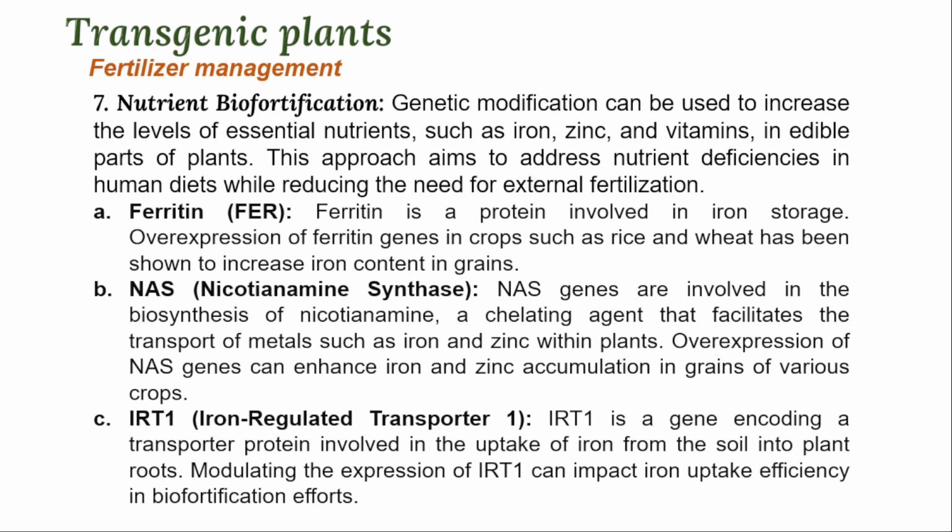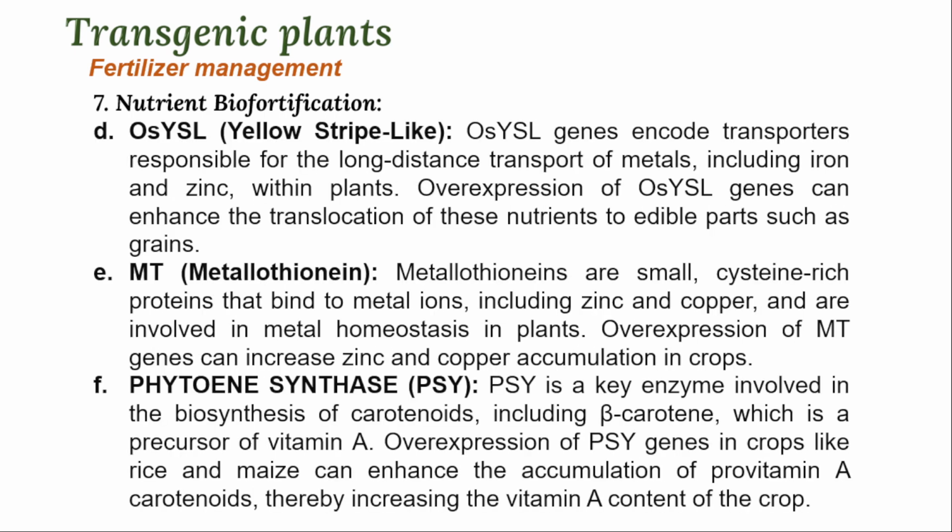Because of more accumulation, there is no need for the plant to take up soil micro minerals and other things. Plants themselves produce this accumulation of minerals because of overexpression of these genes. So in a biofortification program, that means enrichment of the nutrients in the edible plants, we will go with these genes, and these genes mainly help in the over uptake of the metal ions into the plant cell.